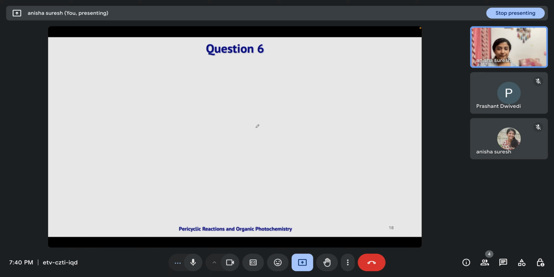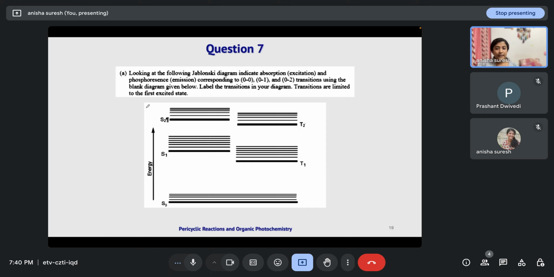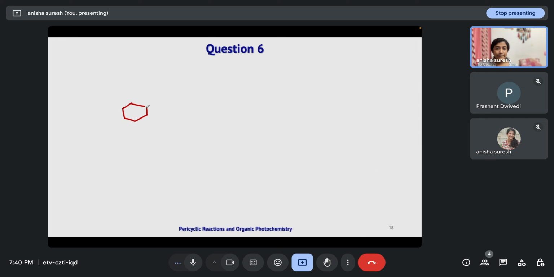Okay. So we are having the starting material, double bond, this is E, and this is Z. So this is the starting material and h nu condition.